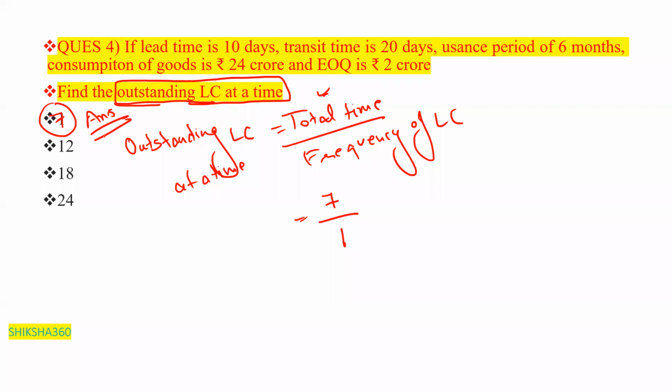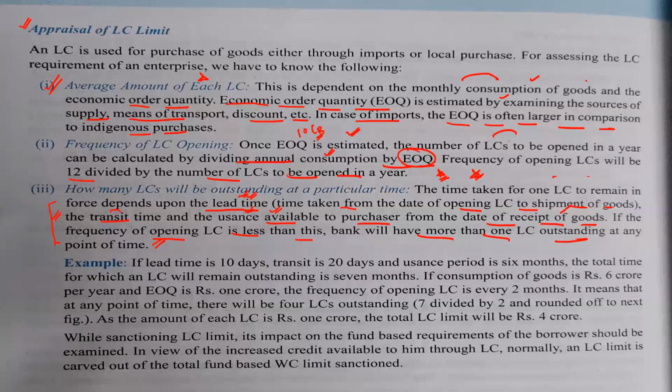So outstanding LC at any time is equal to the total time upon frequency of the LC, that is 7 upon 1, which is 7 here. They are asking how many LCs will be outstanding at a particular time.